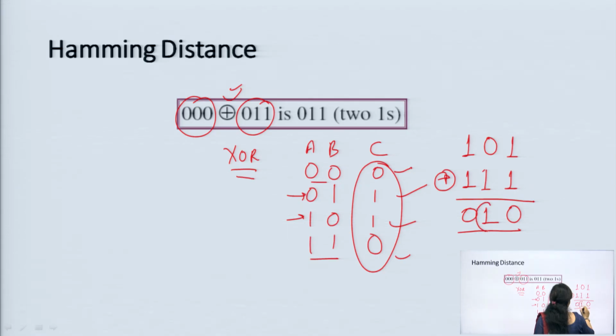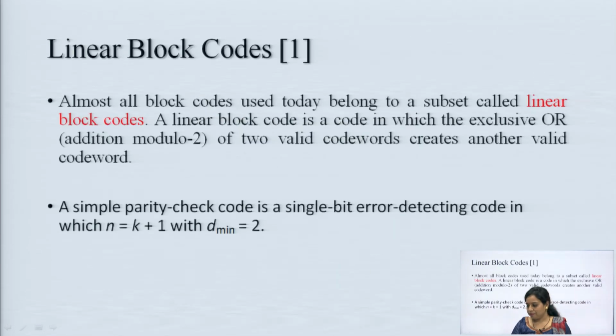So, only this bit has changed. So, you can say that this has a Hamming distance equal to 1, meaning the output has changed at the second code. What is the Hamming distance? Only one bit has changed, from 1 to 0, or 0 to 1. So, this is how you have to calculate the Hamming distance between the two codes.